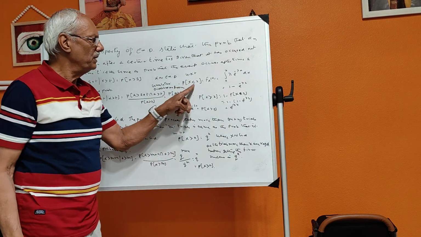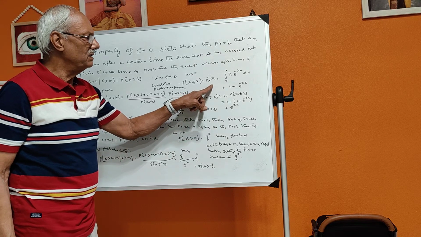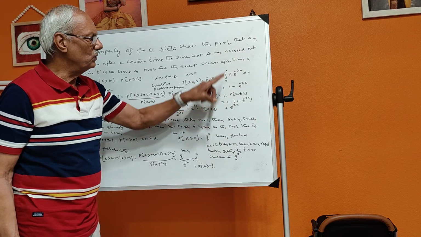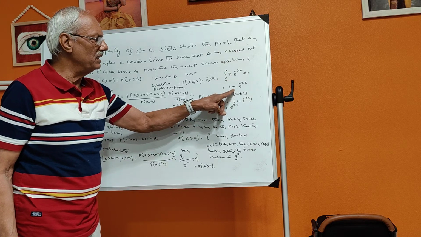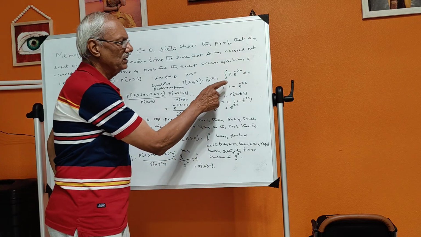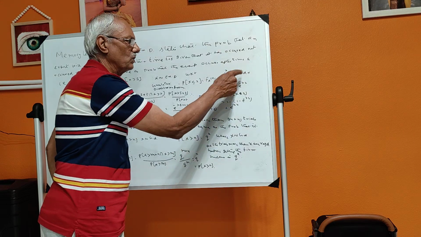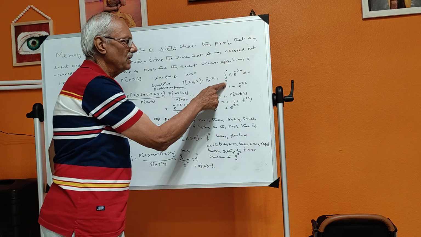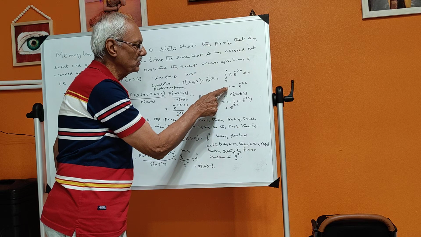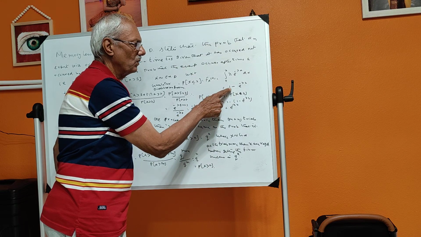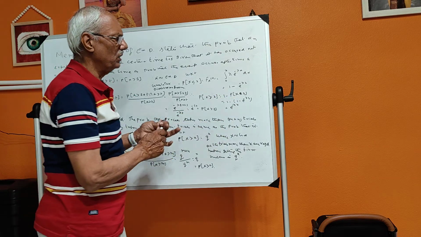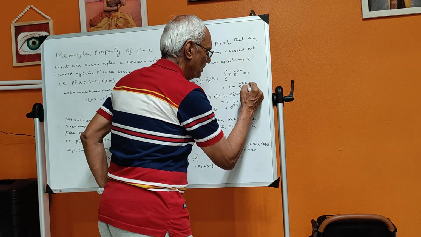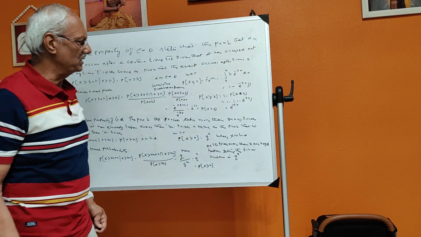It is given by P of x less than or equal to x, which is the integral of f of x from 0 to x. If this is integrated, it is a very simple integration. Lambda can be taken outside. Do the integration. E to the power of 0 will be 1. So you get 1 minus e to the power of minus lambda x. So this is the cumulative distribution function.